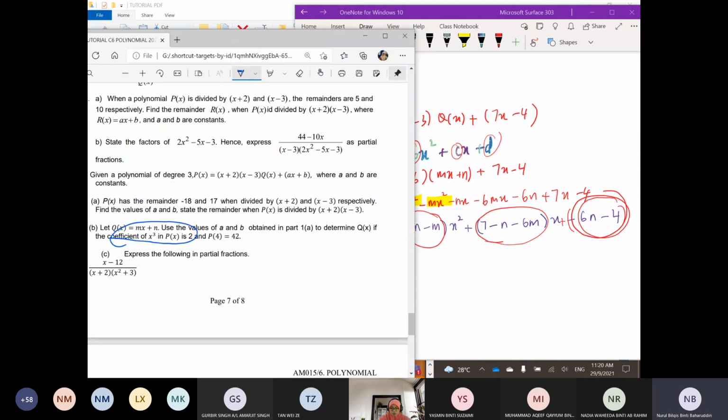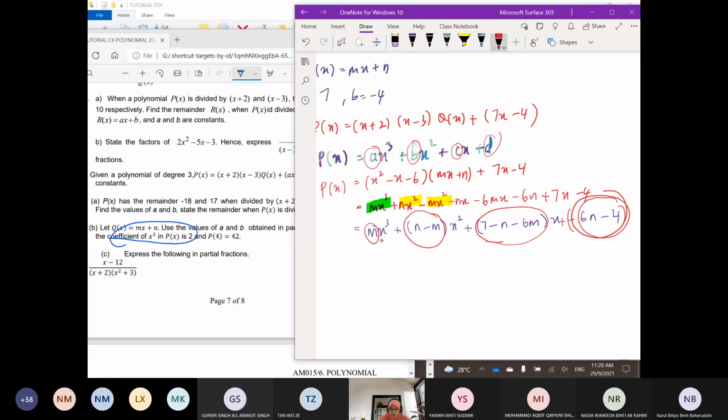Your coefficient here is m, means m equals to 2. So when m equals to 2, now you can substitute.